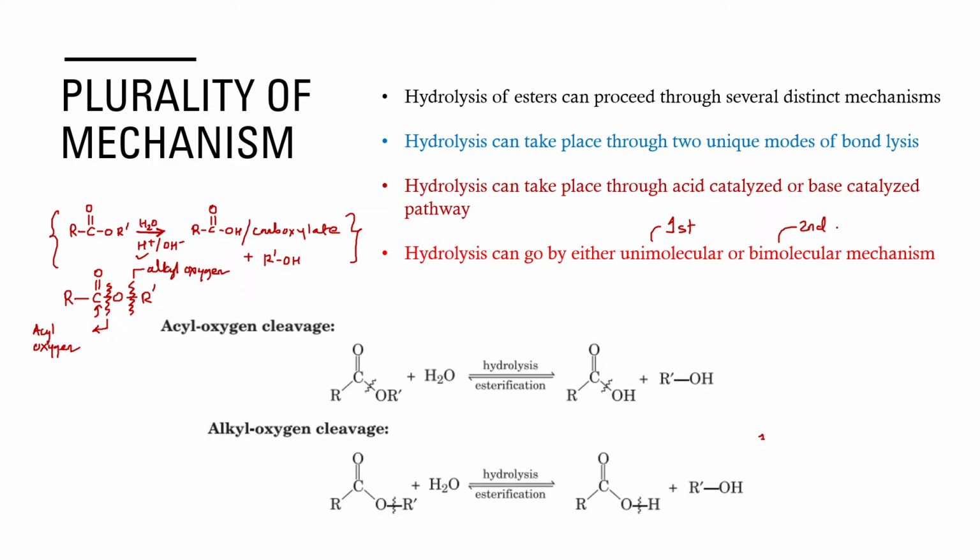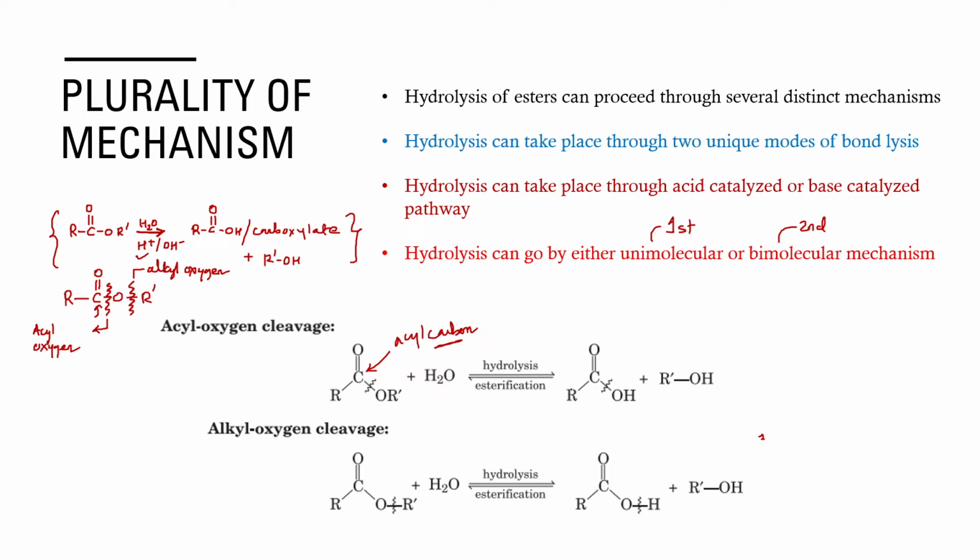एक आउटलाइन अगर हम देखें एसाइल ऑक्सीजन लाइसिस का, so this is what acyl oxygen lysis looks like. You have an ester and an acyl. This carbon is known as the acyl carbon, and this acyl carbon and oxygen bond is broken, and you get an acid and an alcohol.